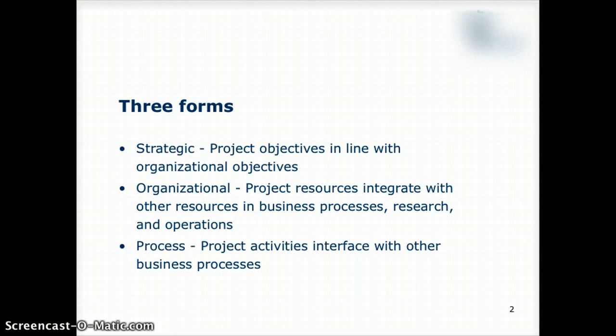And then we have process alignment, which basically means that whatever we do in the project, the way we work, needs to be in line or interface with the business process that's around us inside the organization. Okay, so these are the basic three things that we need to take into consideration and work with when we talk about strategic alignment.